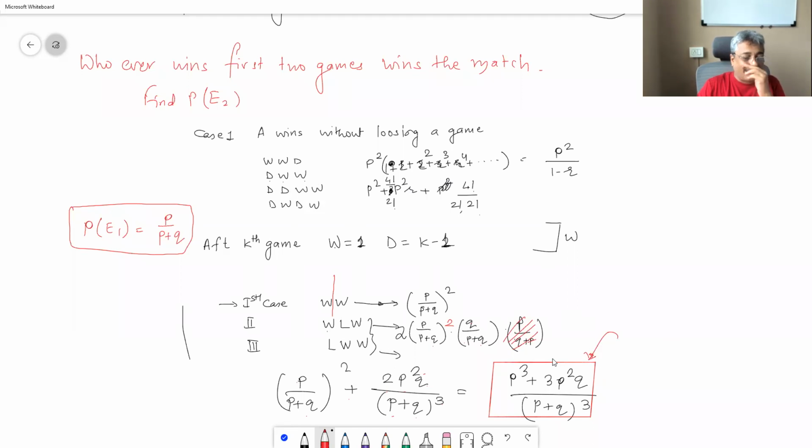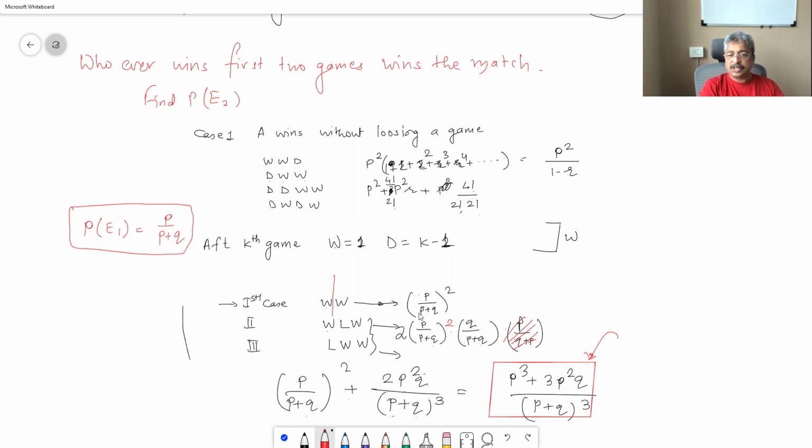But the easier way of doing it is to consider three cases. A wins without losing a match, which is win after win. And there could be draws before or in between, but you need not worry about draws. Once one match is won, it is W, another match is won, it is W. So the first case, we know, if you consider these two wins as the answers for the previous problem, what is the probability that A wins the first match?